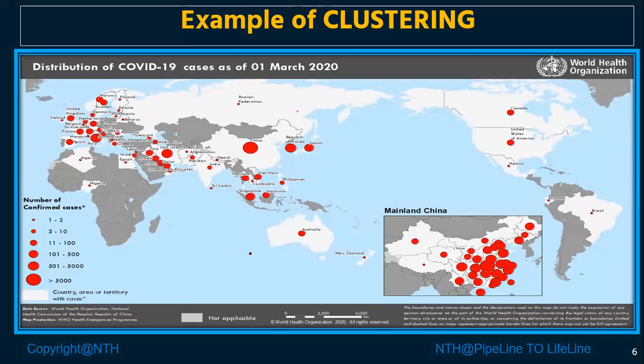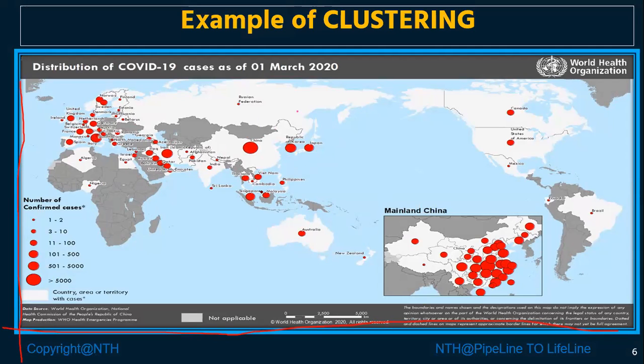Right. See, if you look at this particular slide, this is a worldwide geographical map, where all these red dots are. This is the y-axis and this is the x-axis in the universal map graphical representation.